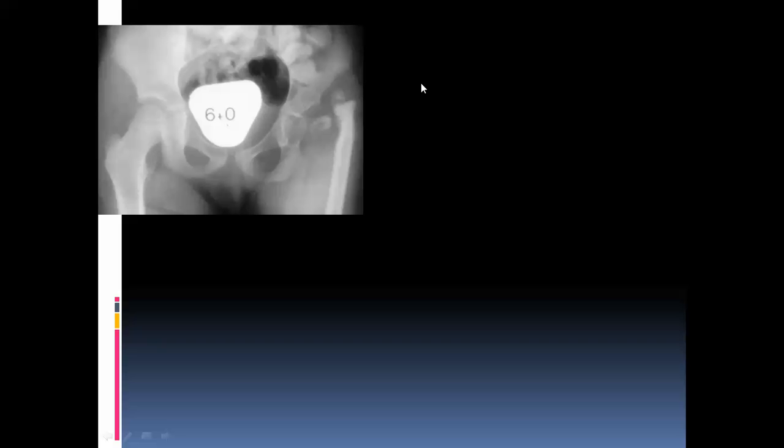If you compare left with right, you'll find the slanting or the shallow left acetabular roof with the definite displacement of the femoral bone, and the femoral capital epiphysis is articulating now with the iliac bone itself with pseudoarthrosis.